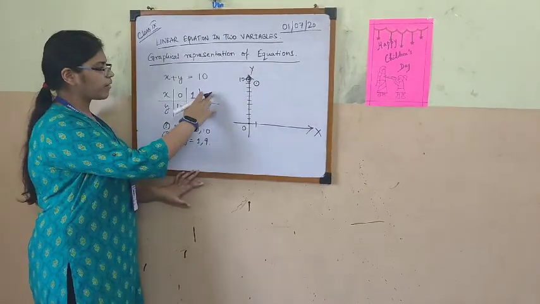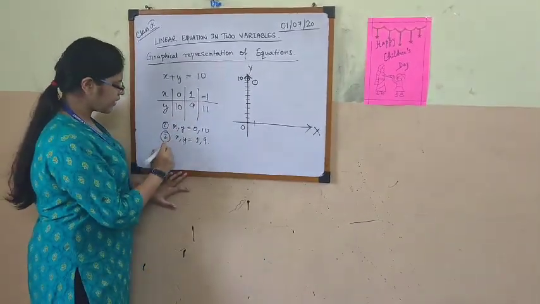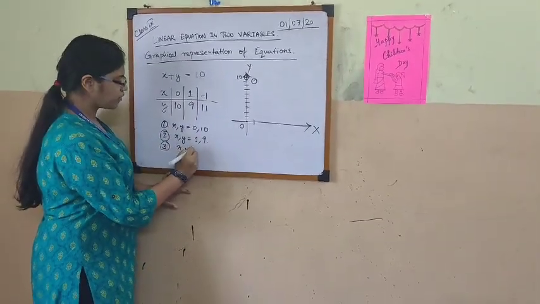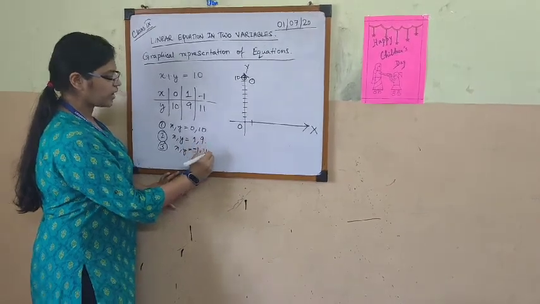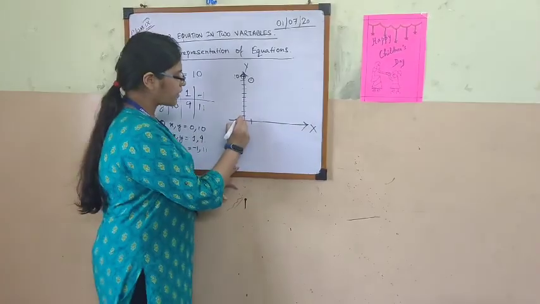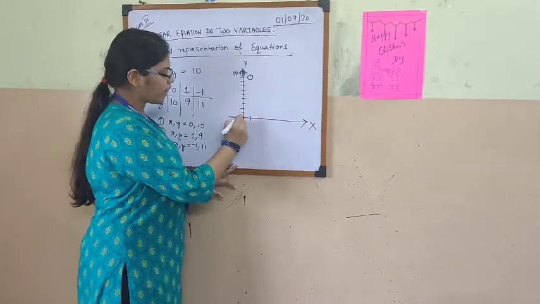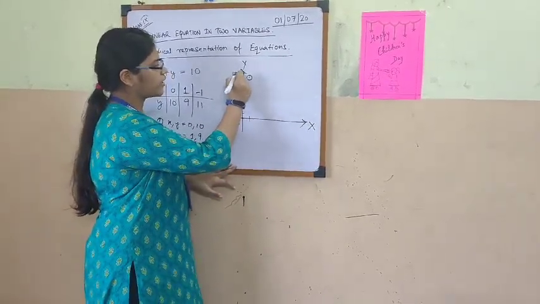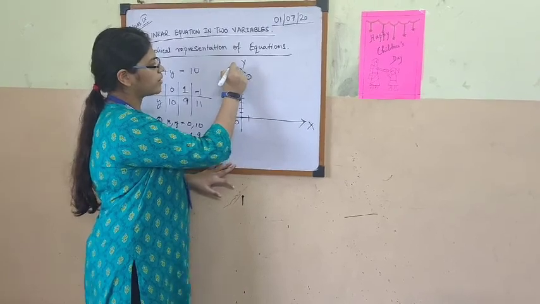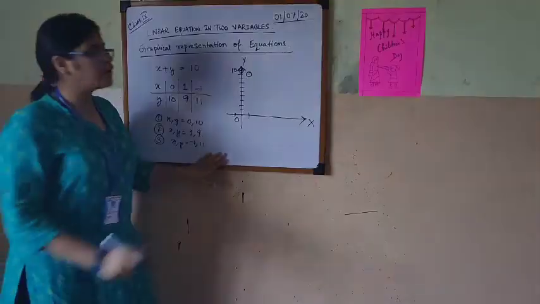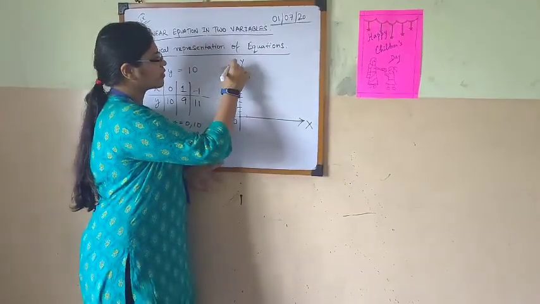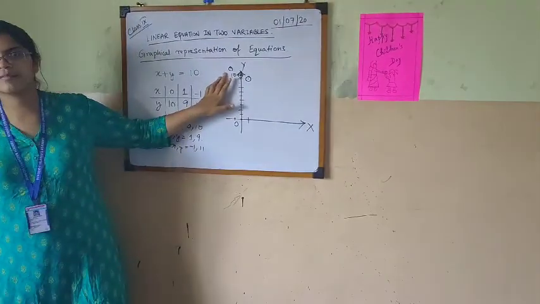Again, if I take my minus point, then the third point, x, y, will be (minus 1, 11). Minus 1 means this side of the diagram. So up to here we have 10, then 11 means it will be here. That means the point will come somewhere like this.